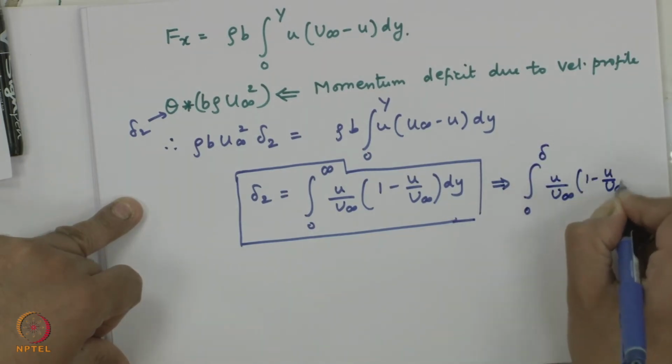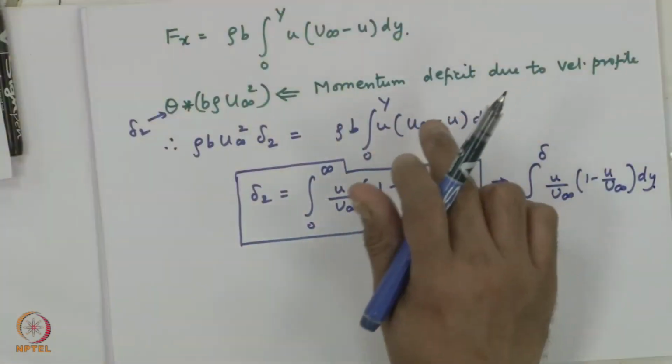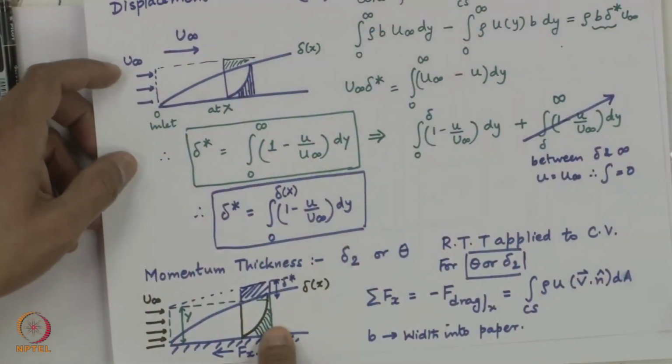Okay. So, this deficit is what is going to take care of the loss of momentum because of this velocity profile. We define that quantity in terms of the inlet mass flow rate and the inlet velocity, that is u infinity, and it is just like a fudge factor. So, theta into rho b u infinity squared.